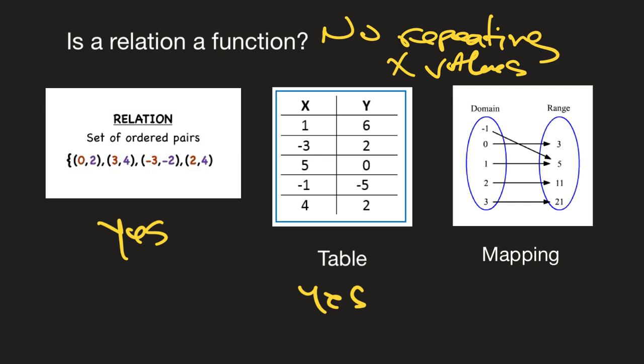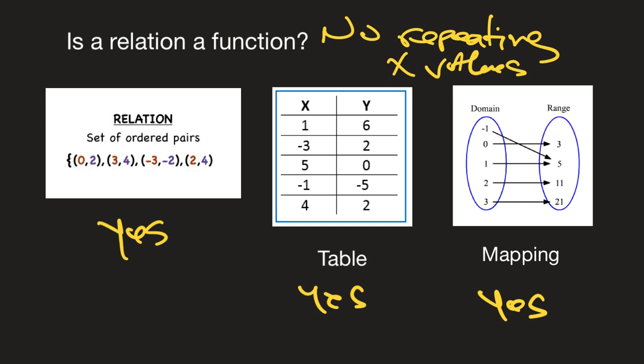That table of ordered pairs qualifies as a function. Over here with this mapping, you look at your domain, which is your x. Do any of these domain values have two arrows coming from them? One arrow, one arrow, one arrow, one arrow, one arrow. That would be a function.